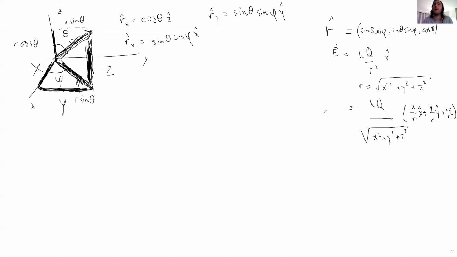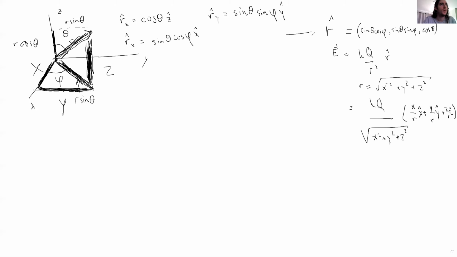Same thing for y. We can write its y component as y divided by its total magnitude, which is the square root of x squared plus y squared plus z squared, and so forth. So this r down here is the total magnitude of that vector. We can just write it as x divided by r for the x component, y divided by r for the y component, z divided by r for the z component, and that's the same as r hat.